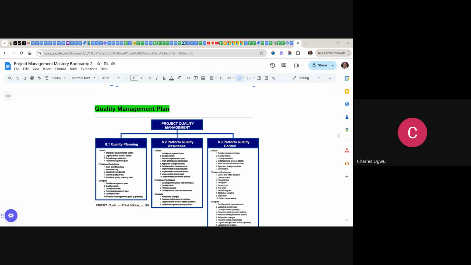This is a highly respected role in the industry. And with this, you can land your job somewhere. And we stated step by step how to create this plan, and we have a template of how a quality management plan looks like. So you can see.